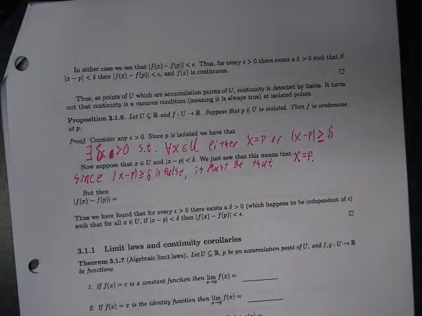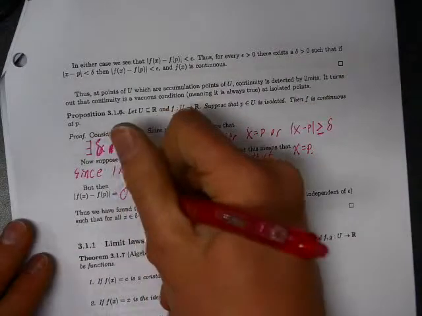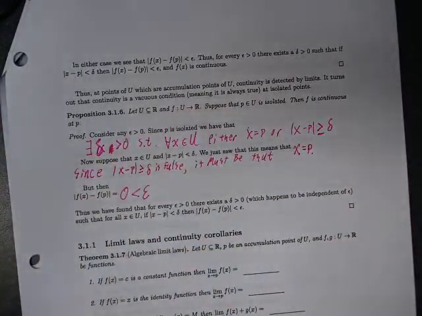It's 0. Is 0 less than epsilon? Yeah. So at an isolated point, everything is continuous, because there are no neighbors to check for continuity. So you just shouldn't even ask about continuity at isolated points, because you don't gain anything by asking.